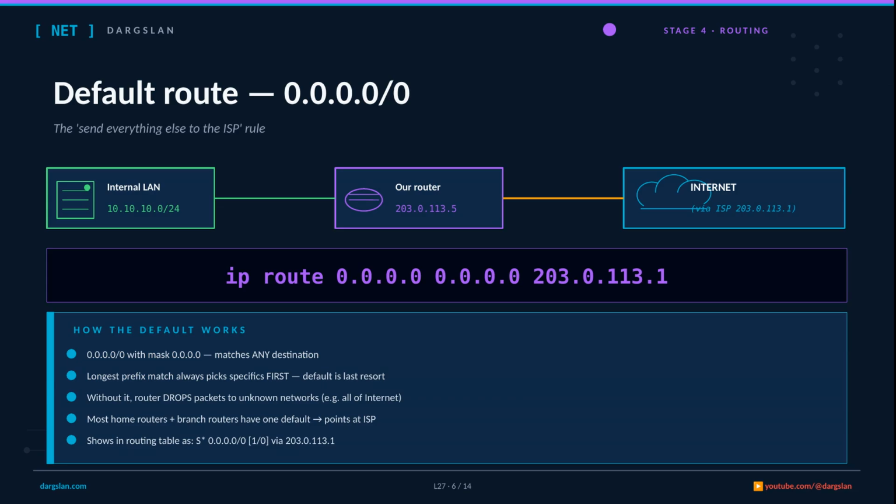It's how your router says, "I don't know where this goes, so send it to the ISP and let them figure it out." Without it, packets to unknown networks, basically the entire internet, get silently dropped. In the routing table, you'll spot it as S* 0.0.0.0/0 via your upstream gateway.